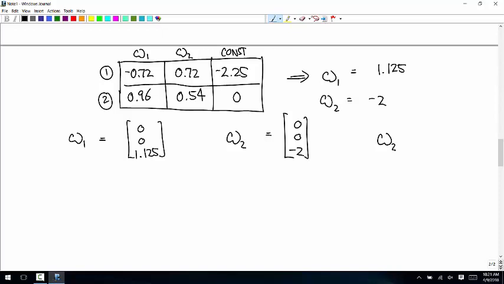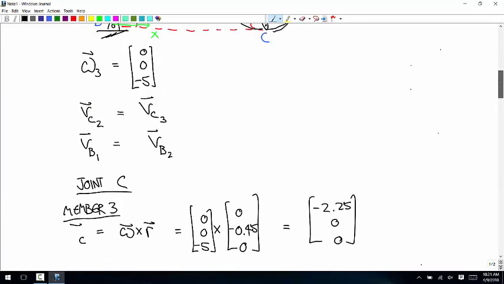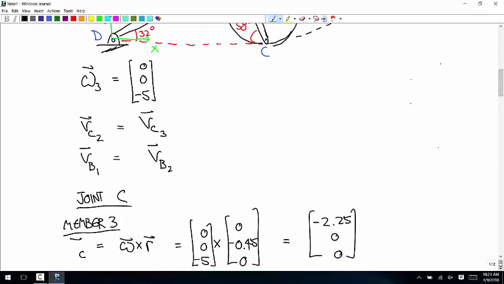And omega 3 is 0, 0, negative 5. Okay. And actually, I said you needed to use both of those joints. Apparently, we didn't need this one. So in this four-bar linkage, if you specify the angular velocity of one of those bodies, that prescribes the angular velocities of the other two, and you have to figure out what those are.